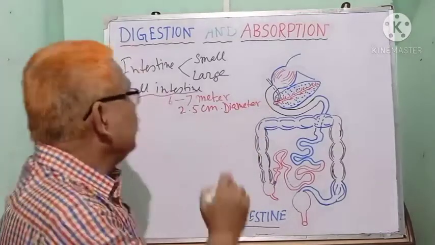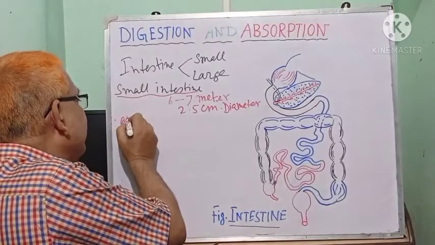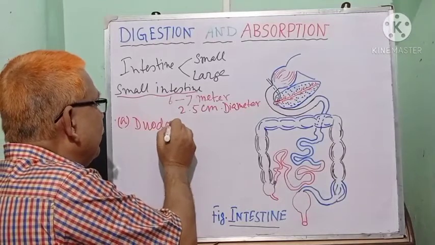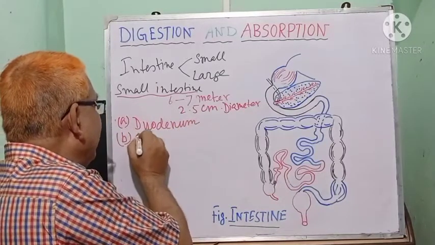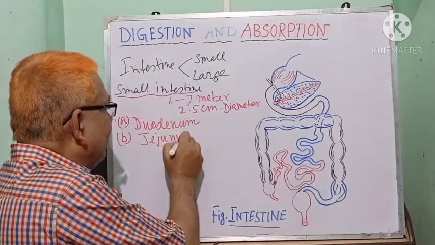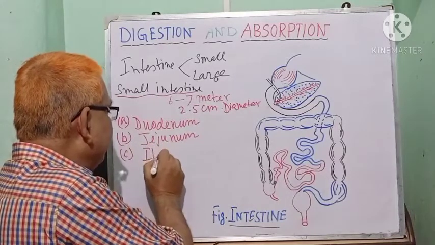Now this small intestine is again divided into three parts. One, duodenum, then jejunum, and then ileum.